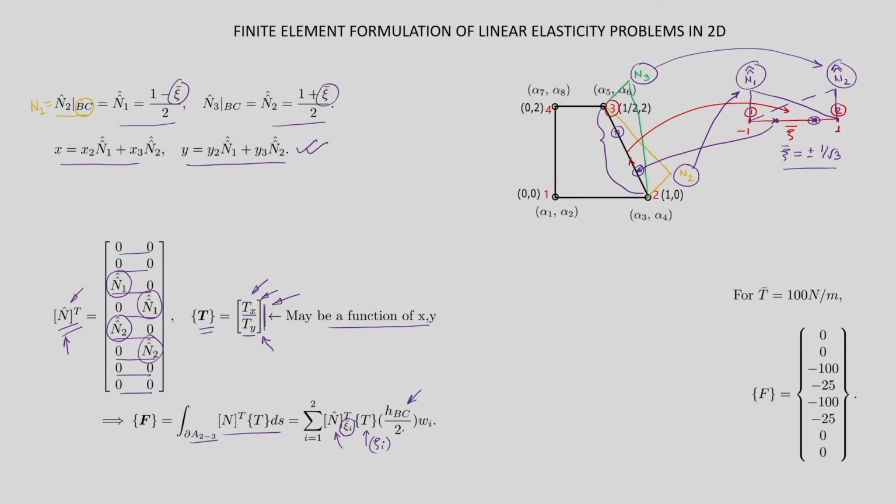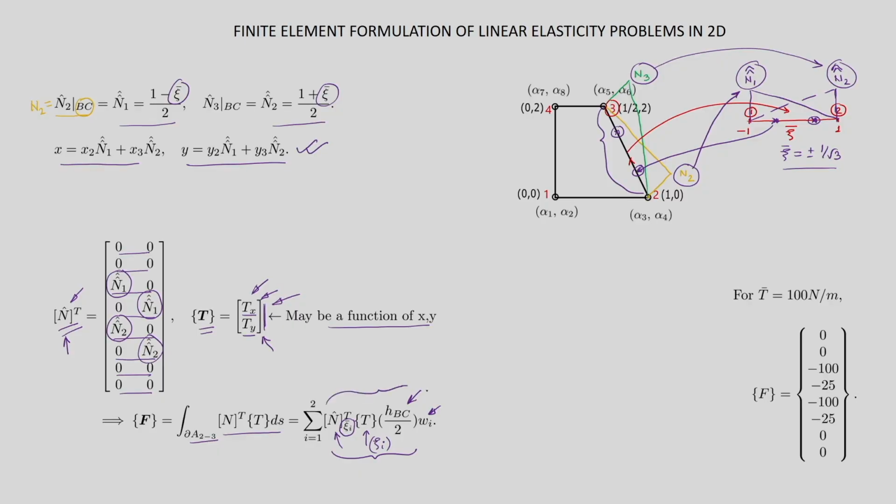So that is HBC divided by 2. This is the integrand, and then we multiply with the corresponding weight, which is the weight of the one dimensional integration scheme. This has been evaluated at a particular Gauss point, so we have to repeat it for every Gauss point. In this case we have taken 2 Gauss points, so the summation is over 1 to 2. This is how we can calculate the force vector.